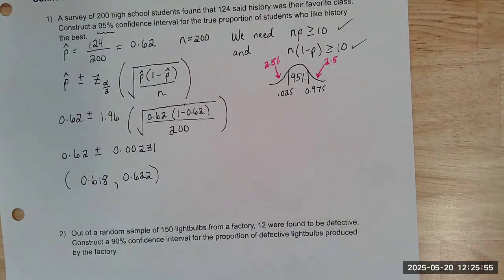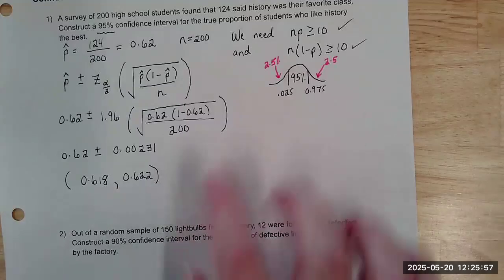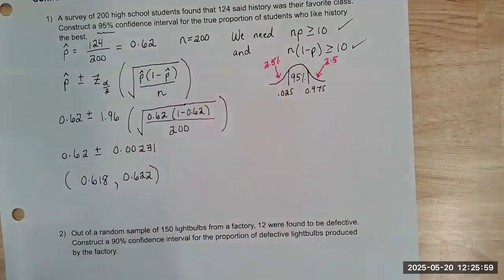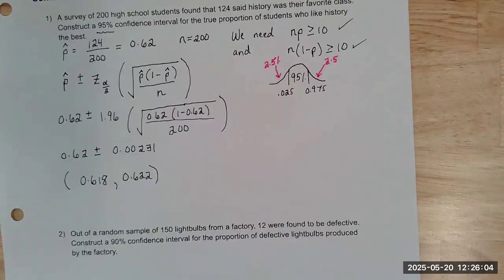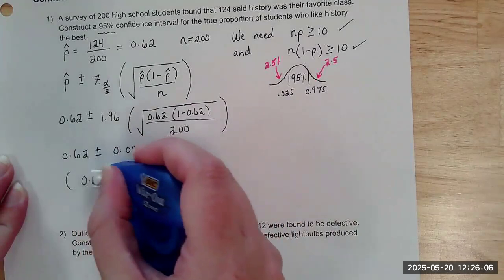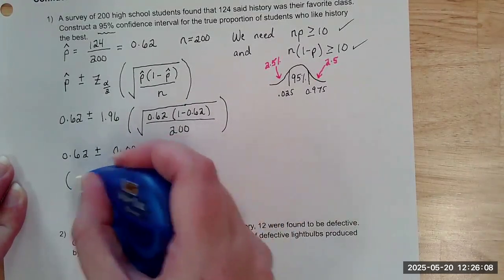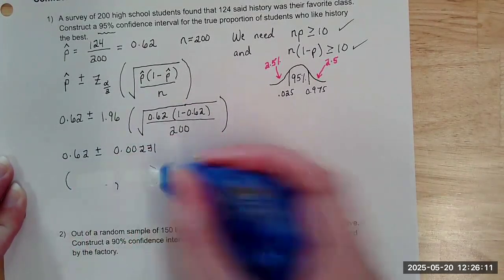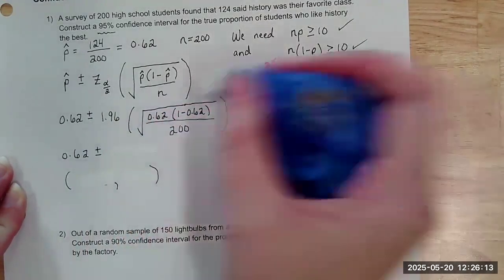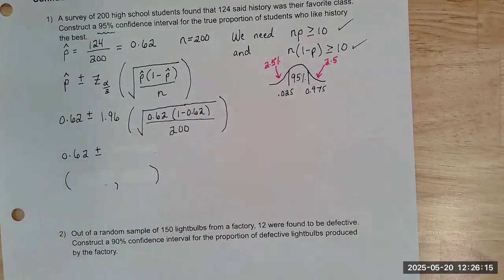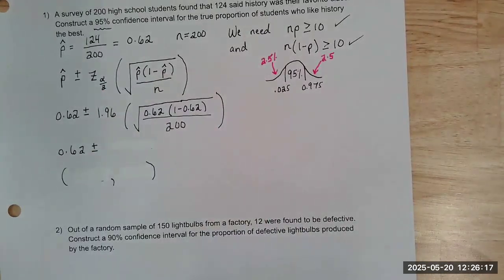I'm just going to double check and make sure that I put all that in right. I'm feeling weird about that number. I did not do the square root. I knew something was wrong. All right, sorry about that. Okay, the formula was right. I just didn't put this into the calculator correctly. Okay, 0.62 times 0.38 divided by 200. Square root that.